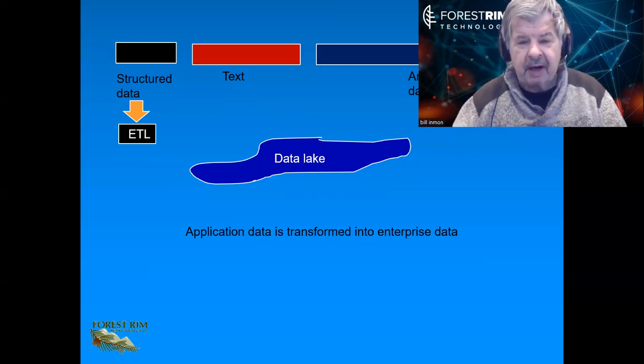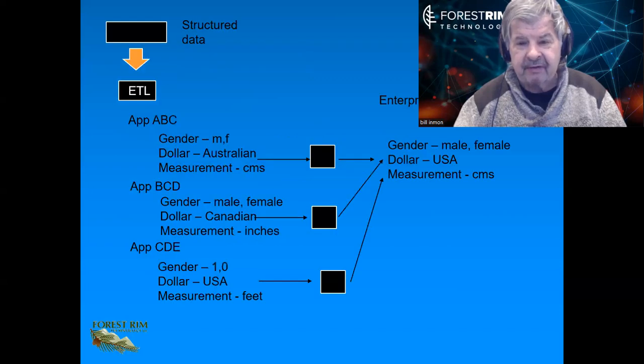What do we mean by integrating data from the structured environment? Well, typically, data from the structured environment that needs to be integrated is application data that's transformed from an application environment into an enterprise environment.